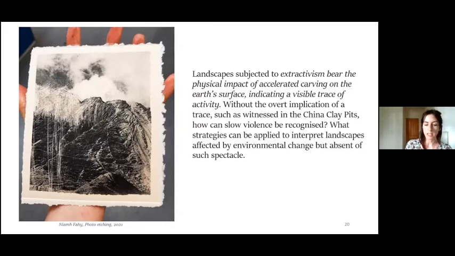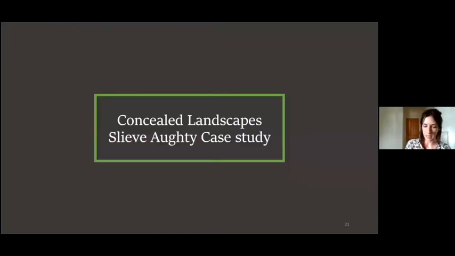Without the overt implication of a trace, such as witnessed in the China clay pits, how can slow violence be recognized? What strategies can be applied to interpret landscape affected by environmental change, but absent of such spectacle? These concerns would later inform my first case study in the Slieve Aughty Mountains.